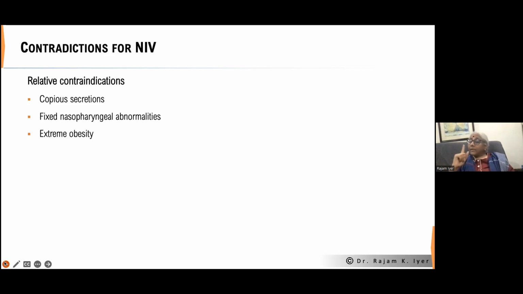Another indication is left ventricular failure, congestive cardiac failure. BiPAP works very well because it lets the oxygen come in and squeezes the fluid out of the alveoli. So cardiologists always try BiPAP in an LVF. It is oxygen, Lasix, BiPAP. Any LVF, initially you should give BiPAP by the time the Lasix and the oxygen start acting.